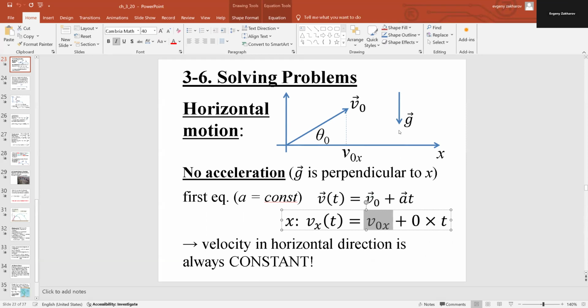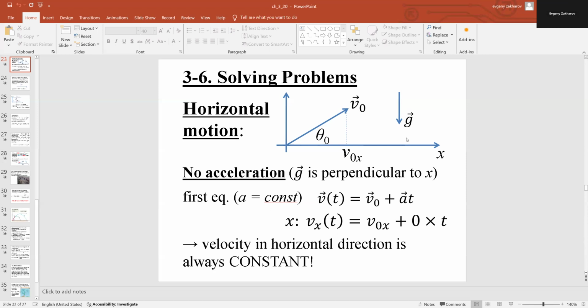And then remember how free fall acceleration is perpendicular onto the x-axis. Every time a vector is perpendicular onto a certain axis, that component on that axis is 0. So no matter what the moment of time, your velocity doesn't change. It stays exactly the same throughout the flight.